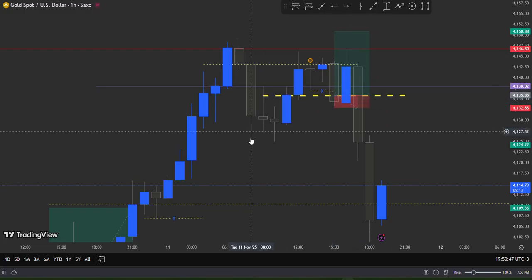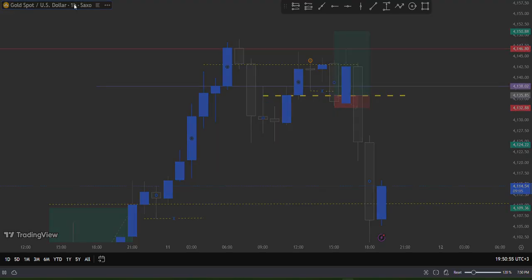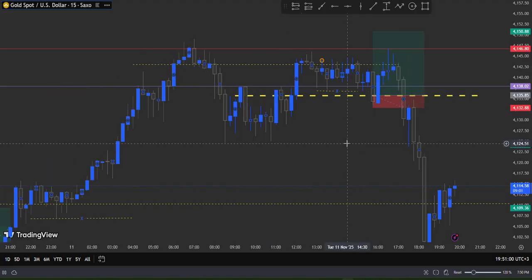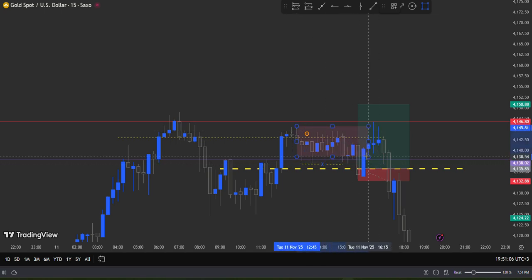When you see that this candle here, it changed the market direction. When you also go on H1 on 15 minutes, you can see that these candles here were signifying something.